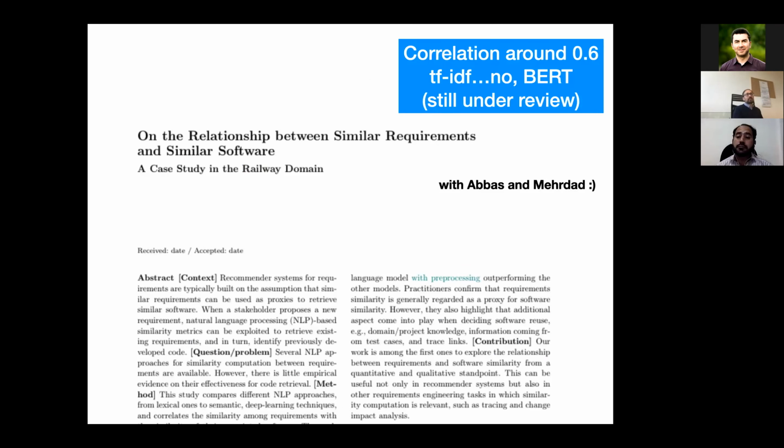Here we did a recent paper with Abbas and Merdad. It's still under review, and it checked the relationship between similar requirements and similar software in a requirements retrieval scenario. In the beginning, it seemed that TF-IDF was the best solution, but in the end it was BERT, with a correlation around 0.6, so a medium-high correlation.